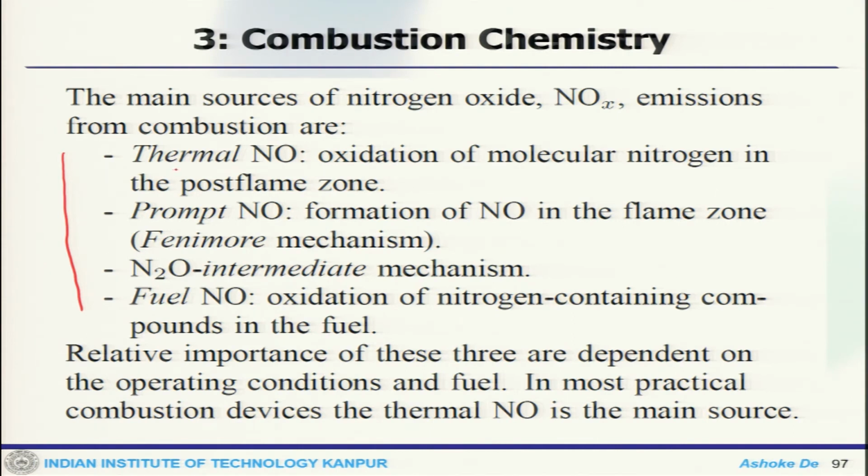One is the thermal NOx, which is oxidation of the nitrogen in the post flame zone. That means, when you have the flame or reaction zone, it is in the post flame zone where thermal NOx is formed, so it is highly dependent on the temperature.